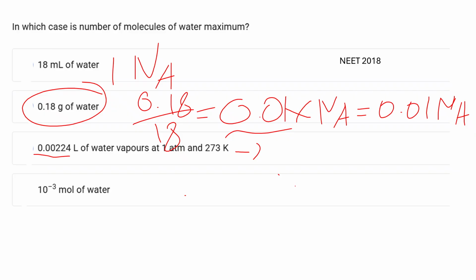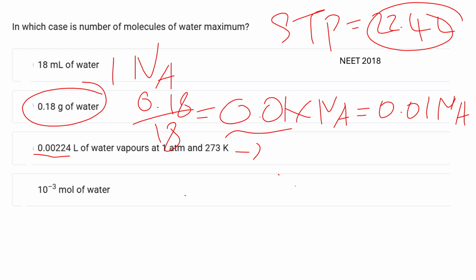Option C, there is 0.00224 liter of water vapor at 1 atmosphere under 273 Kelvin. This is standard temperature and pressure, STP. First of all, we know at STP every gas occupies 22.4 liters. Here it is 0.00224 liter. We need to take the ratio: 0.00224 divided by 22.4 liter.